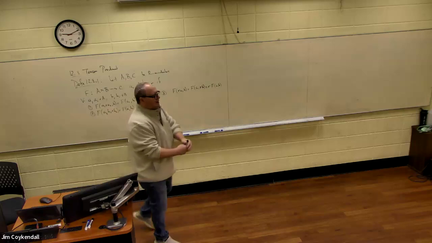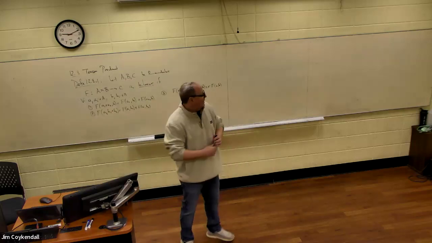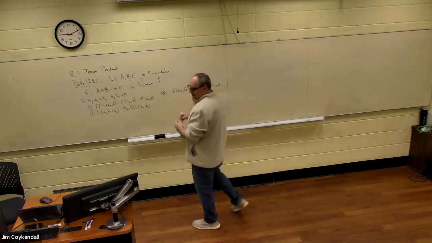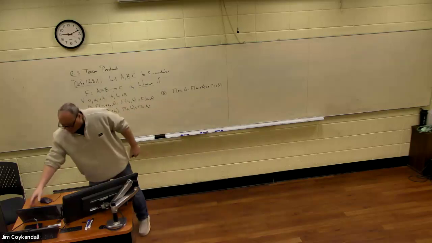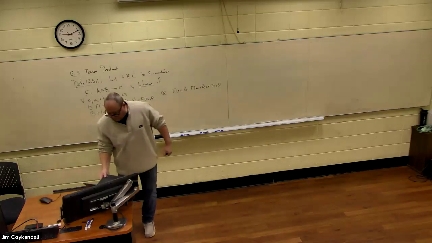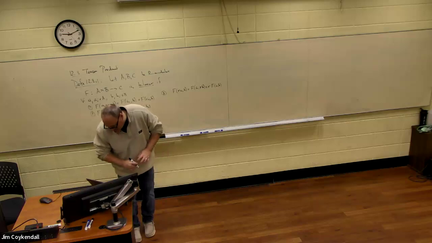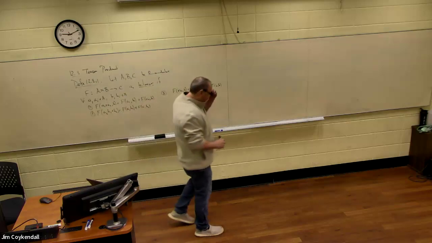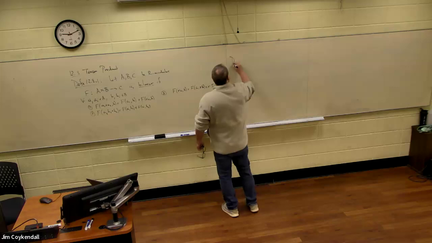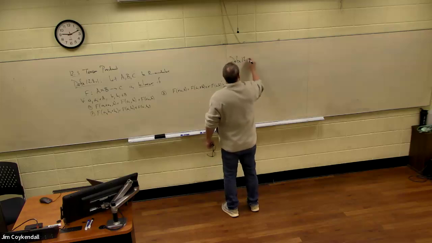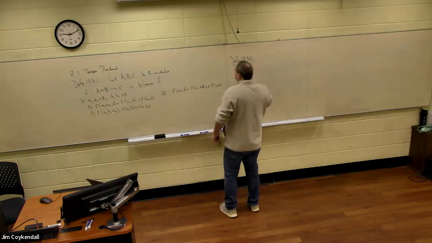Now, this is a bilinear map, and I'm going to jump right into it. This is the general construction of the tensor product, which you will probably not see in your physics book. Definition 12.8.2.